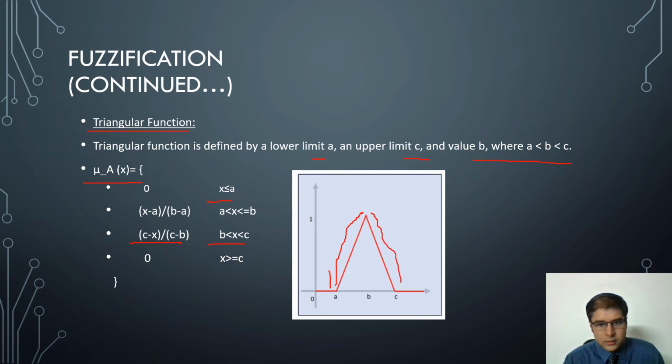So this becomes a triangle, and it is 0 if x is greater than or equal to c. So x is the input crisp value, and μA is the output of this triangular function that gives us the fuzzy value or membership value for that x.